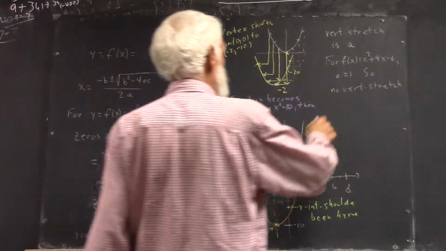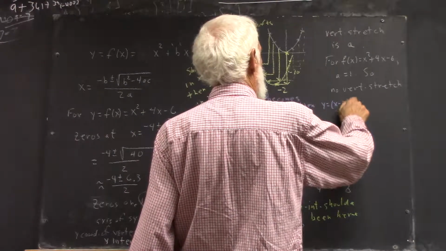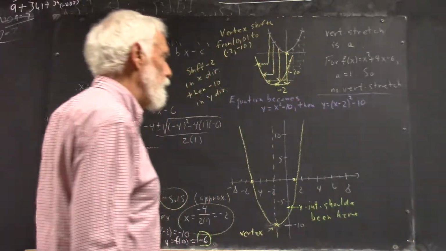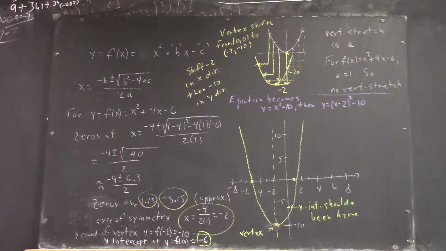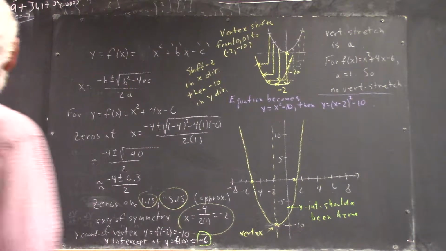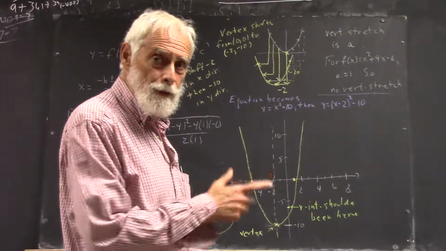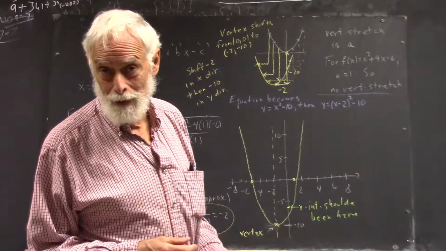Then y equals (x minus 2) squared minus 10. I explained that first thing last time. Okay? If you don't understand that, go back and review it. Or look in the text, which I think I have lying over on the printer, and we'll bring it back in a minute.